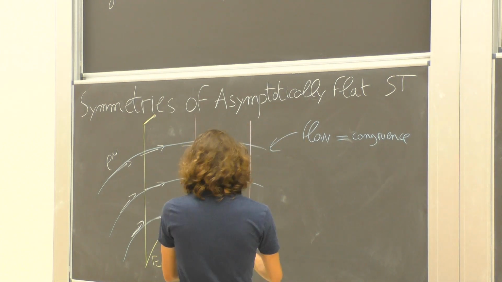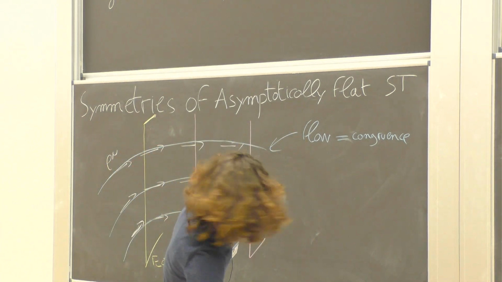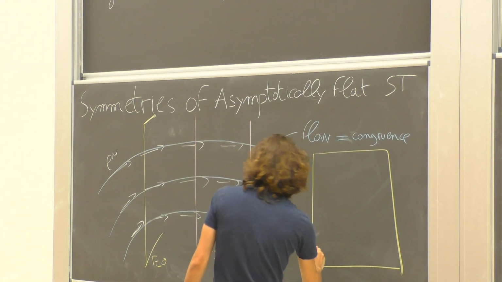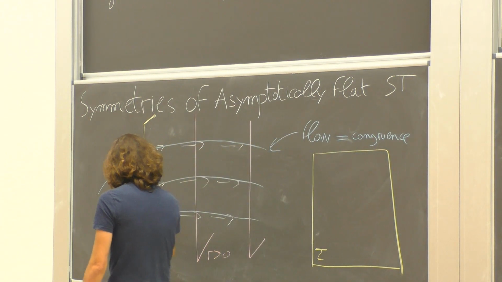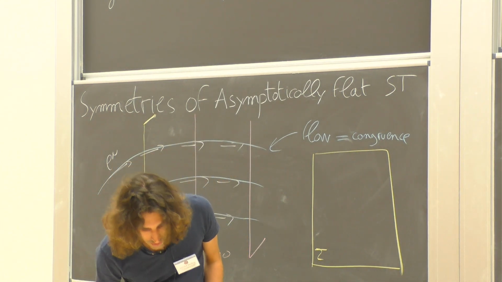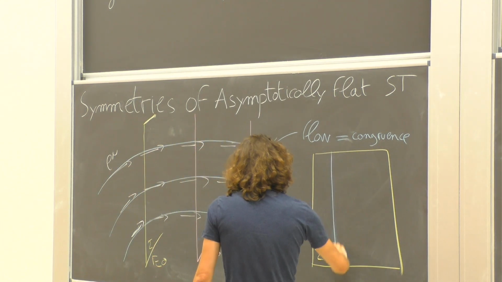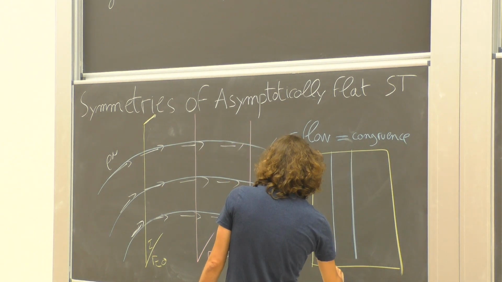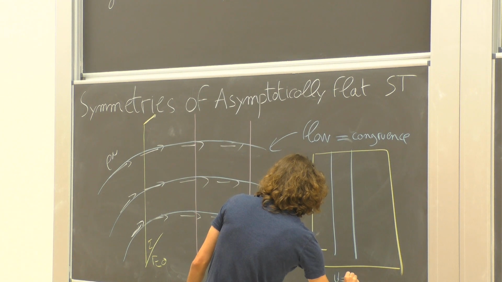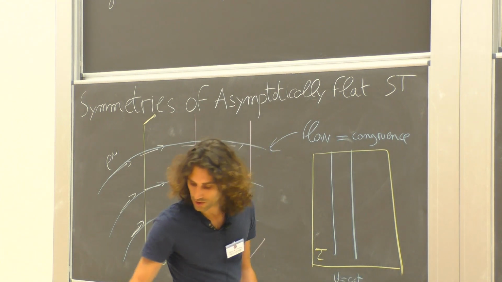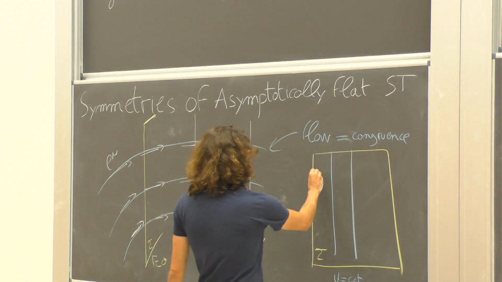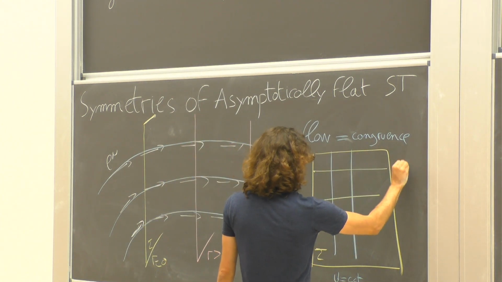So if this is sigma, so the r equals 0, what do I have? These blue lines are u equal constant, and transversally you have y^a equal constant.